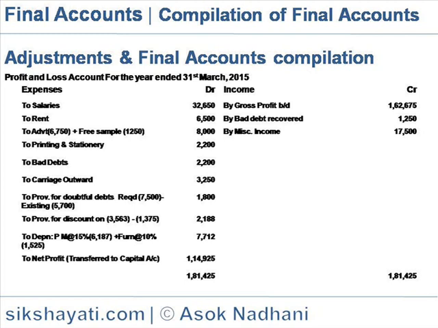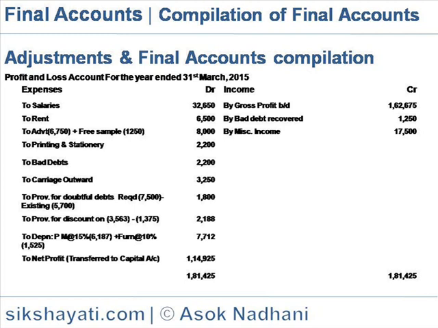Provision for doubtful debts required is 7,500; 5,700 was provided, so further provision is required to the extent of 1,800. Provision for discount is similarly computed, 3,563 minus 1,375, so 2,188 is the provision required.